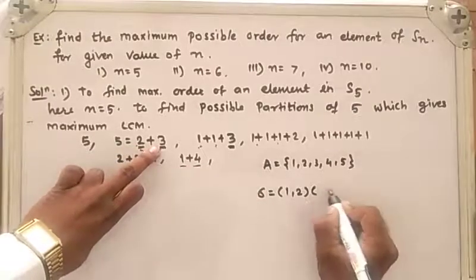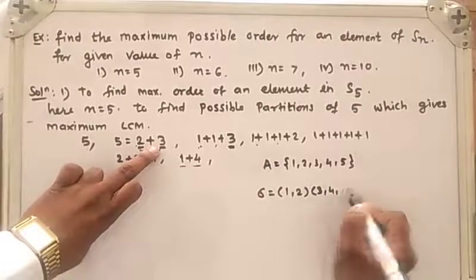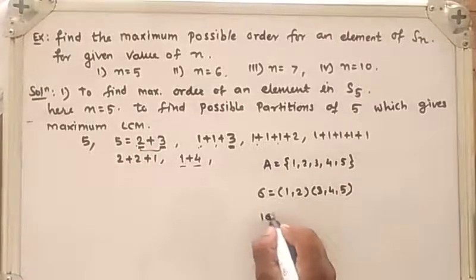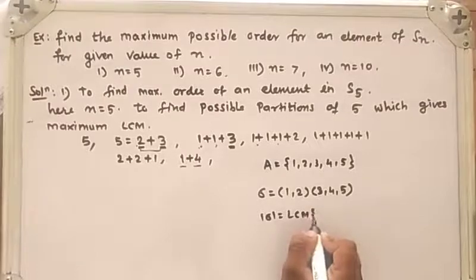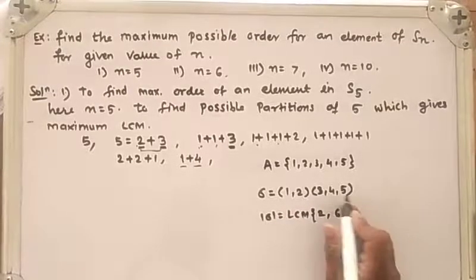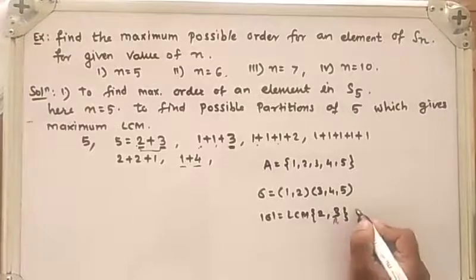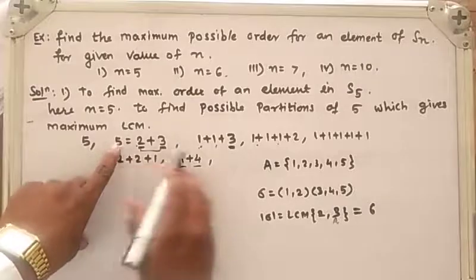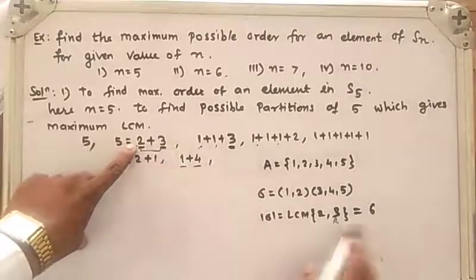So here (1 2), next 3 goes to 4, 4 goes to 5. The order of sigma is the LCM of the orders of these two: the order of the first is 2 and of the second is 3. So the LCM is 3 into 2, 6, right? So if I take 2 plus 3, then I get LCM 6.